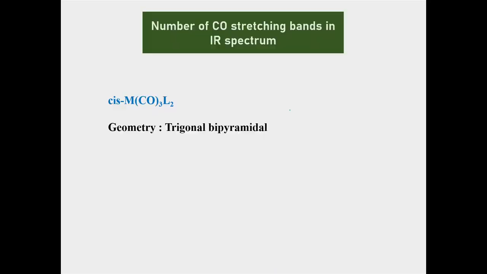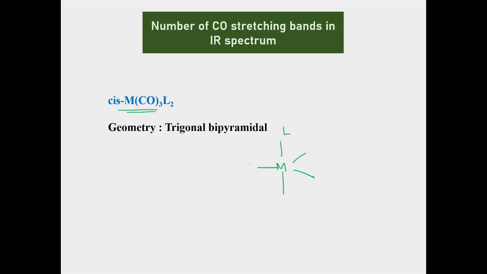Here they have asked the number of carbonyl stretching bands in the IR spectrum for this compound, MCO3L2. They have already given the geometry in this question, which is trigonal bipyramidal. That means the complex is like M. This is trigonal bipyramidal. Now they are saying cis.